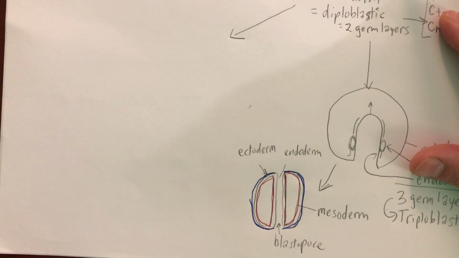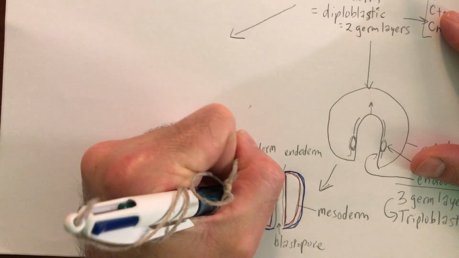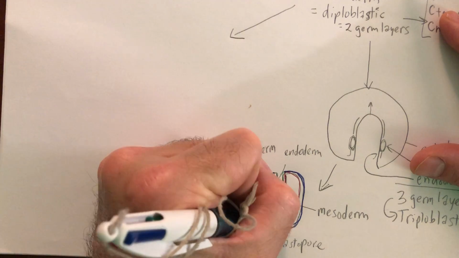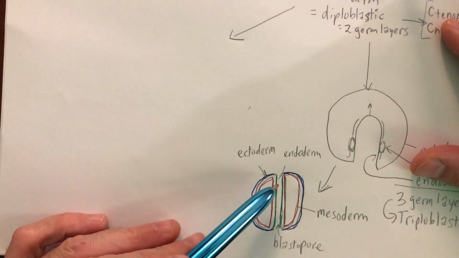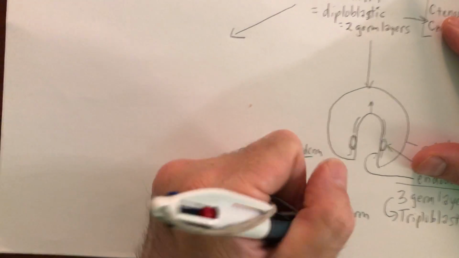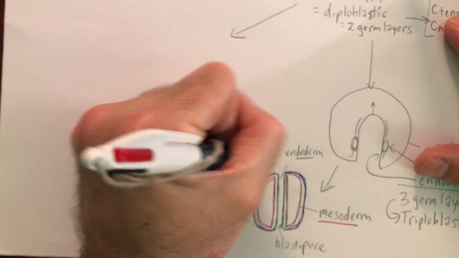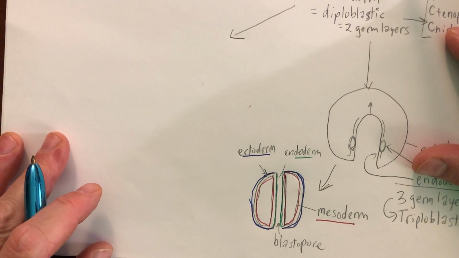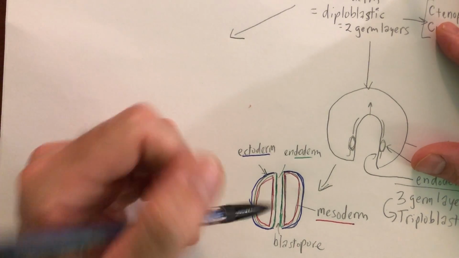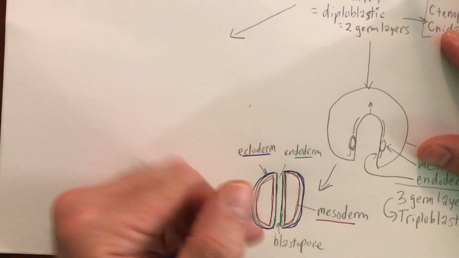And then usually they use yellow for endoderm, but I don't have yellow on this pen, so I'm just going to make the endoderm green. So endoderm is green, mesoderm red, and ectoderm blue.